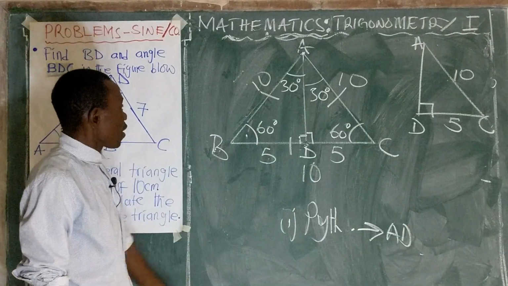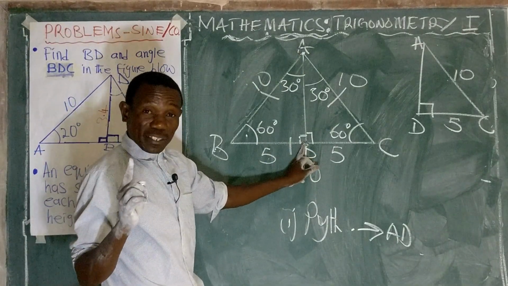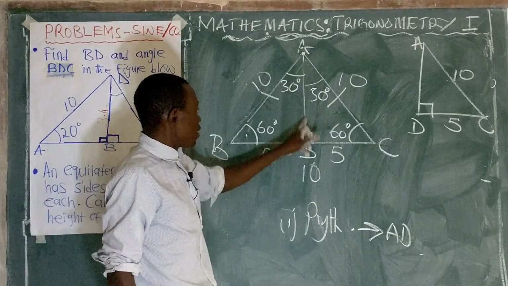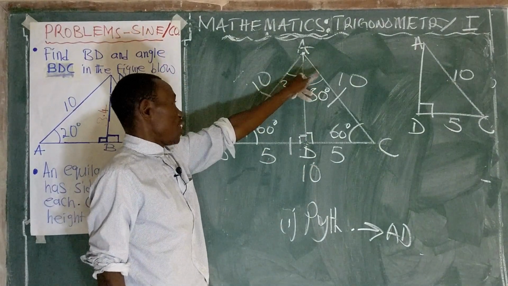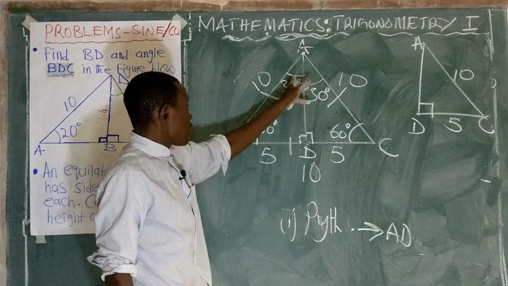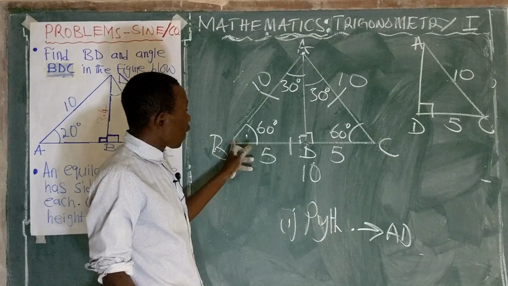So one asked me to find the value of AD. As I said, take note of the sides you'd like to find. What are the names? AD, in relation to this angle here, 30 degrees now, AD is adjacent to this angle. And AB is what? Hypotenuse.